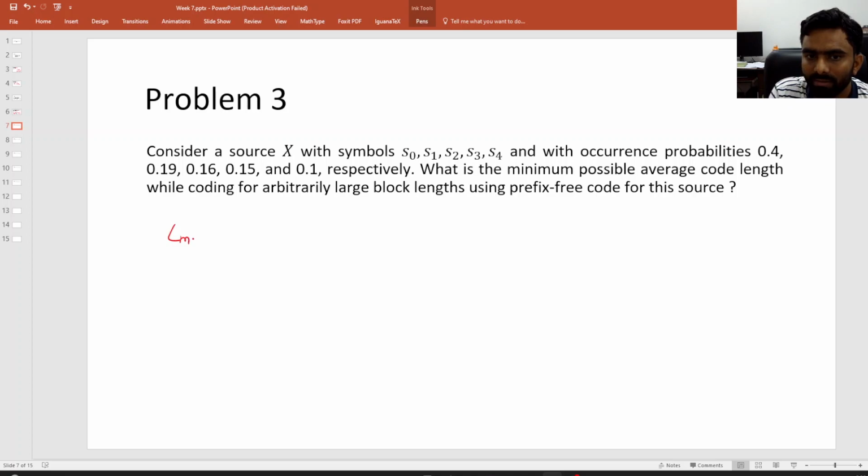What is the L minimum? What is the concept here? How to obtain a minimum code length? You are allowed to take any value of the block length.